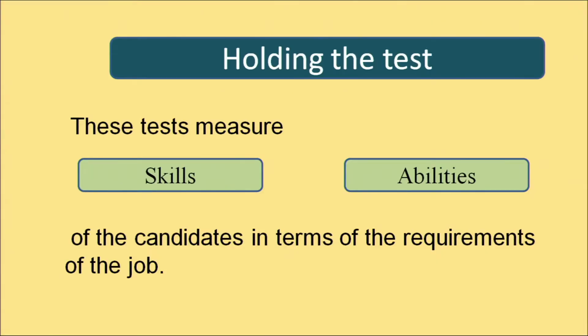This test measures the skills and abilities of the candidate in terms of the requirement of the job. So holding the test is the second step of the selection procedure.